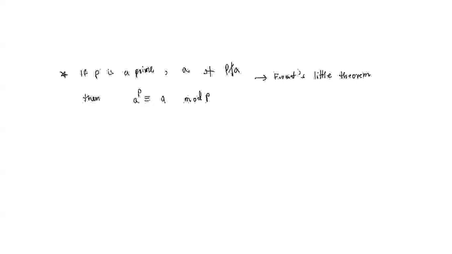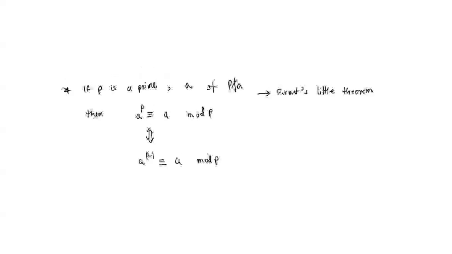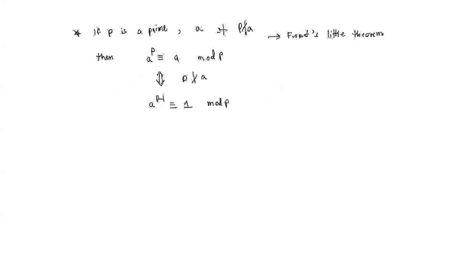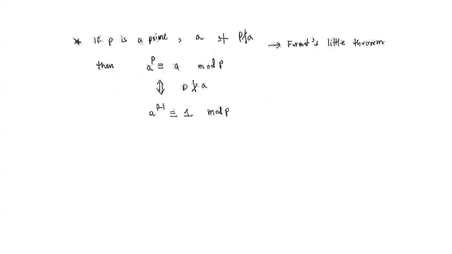Also, this equivalently says that A to the power P minus 1 is congruent to A mod P. This is equivalent because P doesn't divide A. One mod P, or is it going to be A? It's 1 mod P. Yes, my bad. And we can generalize this.